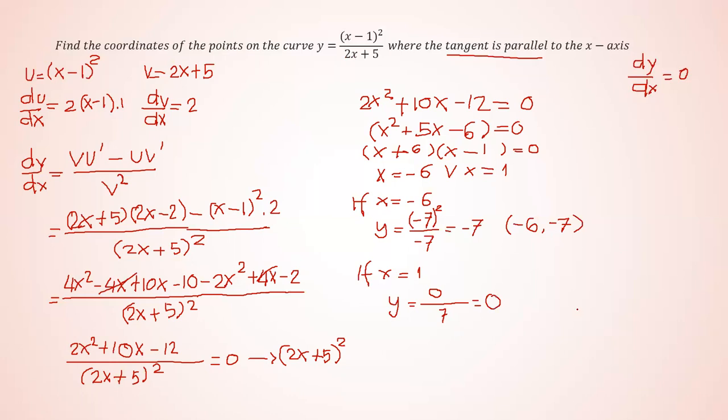So the second coordinate point is (x, y), it means (1, 0). Again, if x equals negative 6, y equals negative 7, so the first coordinate point is (negative 6, negative 7). If x equals 1, y equals 0, so the second coordinate point is (1, 0).